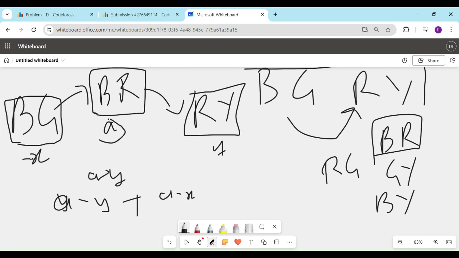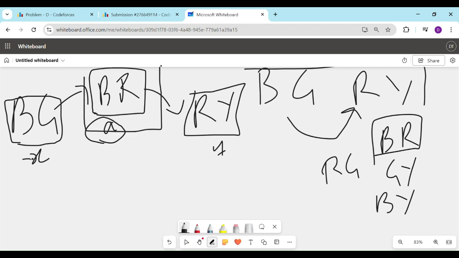Now we need to find these 3 suitable A's using binary search. How? I have all the indexes of BR, like where BR is present. If I want to find a value between X and Y, I will query the key greater than or equal to X, and check if that key is less than Y or not.